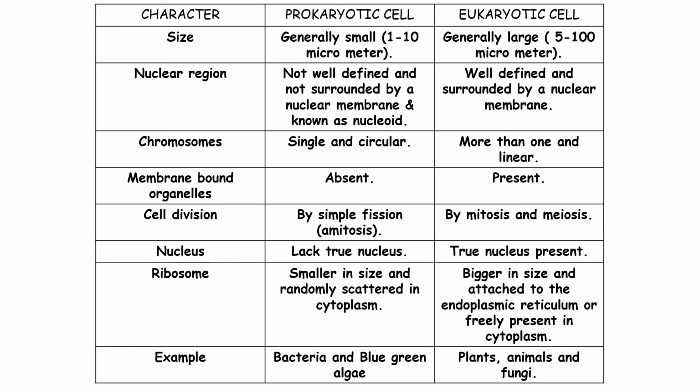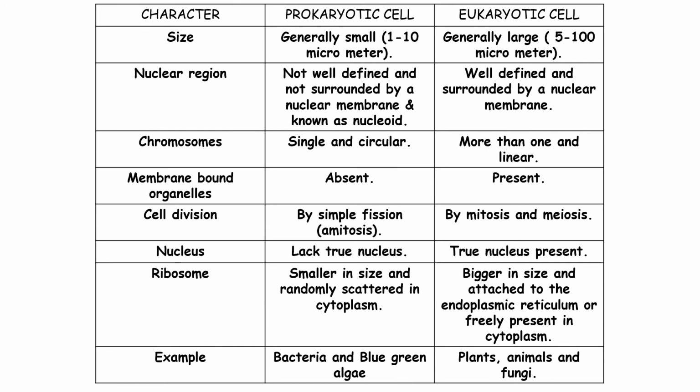Then in prokaryotic cell, true nucleus is absent, but in eukaryotic cell, true nucleus is present. Then in prokaryotic cell, the ribosomes are smaller in size and randomly scattered in cytoplasm, but in eukaryotic cell, they are bigger in size and attached to the endoplasmic reticulum.